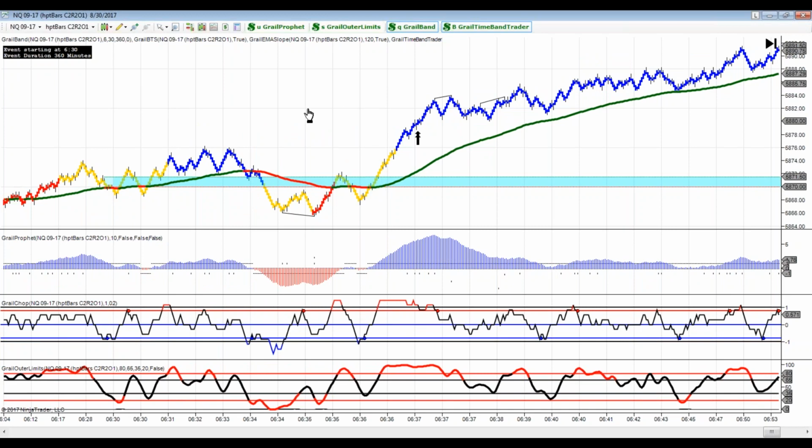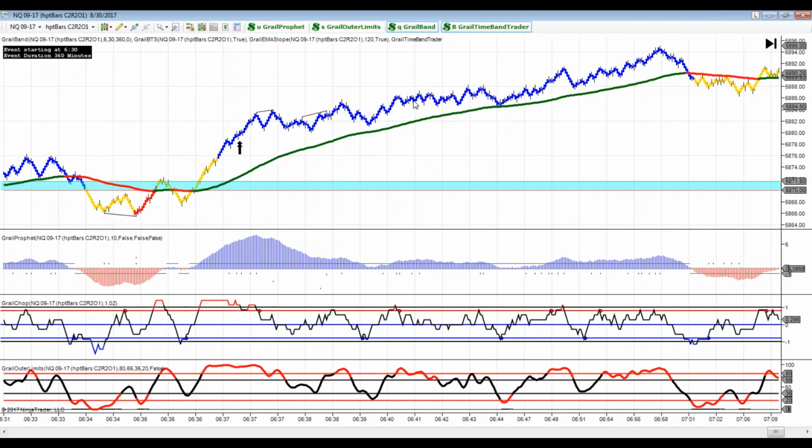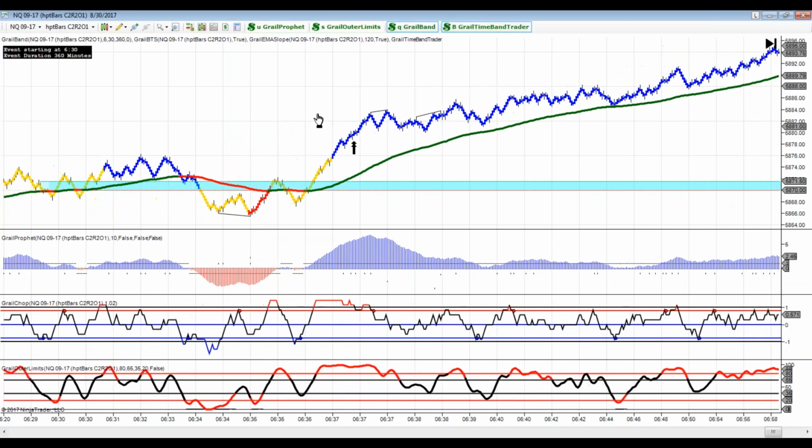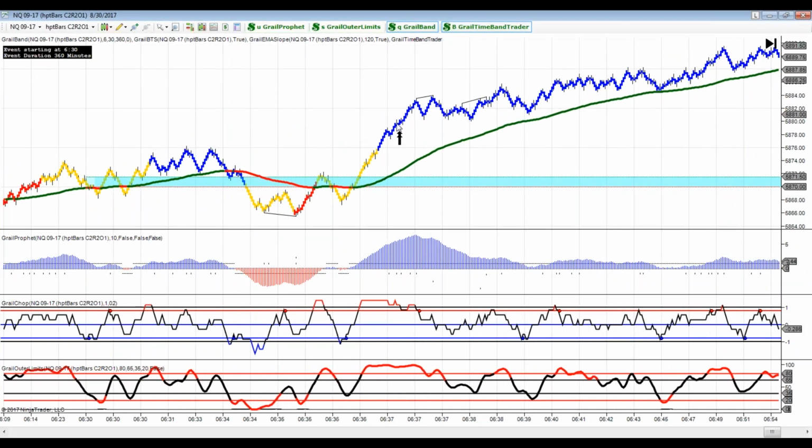The next thing I do is add the Grail Time Band Trader. The first thing you're going to notice is that I'm not syncing up. I'm showing a Grail 1 entry way up here, not over here.